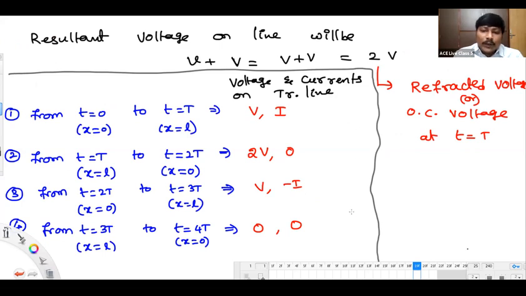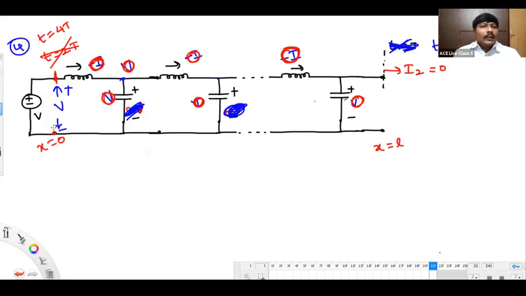And what will happen from this point onwards? Please tell me. Again, we have a voltage V; voltage starts developing and current starts developing on the transmission line. Means propagation 1 is going to be repeated from the time t equals 4t onwards.